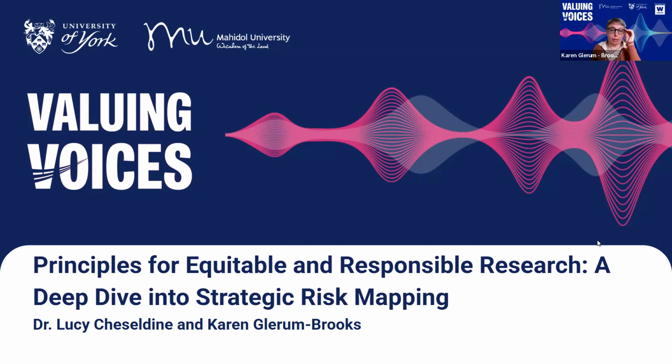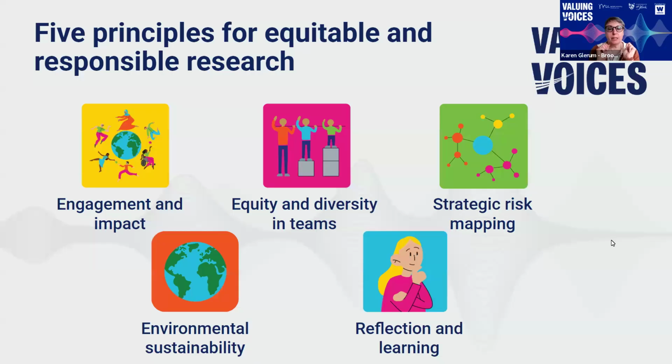Just for a very quick overview, we have, as I said, 5 principles for equitable and responsible research. That's engagement and impact, equity and diversity in teams, strategic risk mapping, which we will dive into today, environmental sustainability, and reflection and learning.